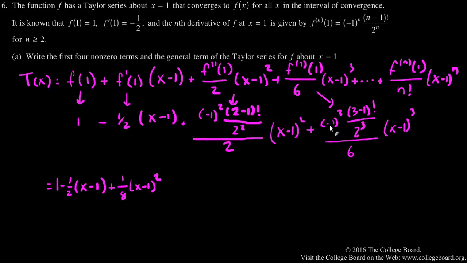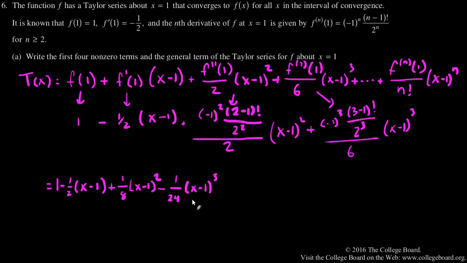Next one. Negative 1 cubed will be negative because negative 1 times negative 1 times negative 1 is negative. So I'll have a minus here. 3 minus 1 is 2. 2 factorial is 2. 2 cubed is 8. 2 over 8 is 1 over 4. Divided by 6 is 1 over 24. So I have 1 over 24, and I'll have x minus 1 cubed. All right, there are the first 4 terms.